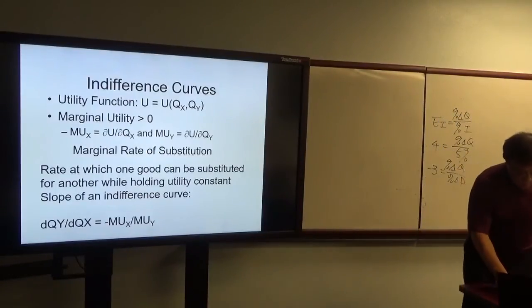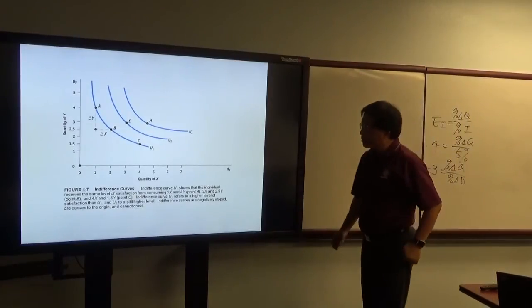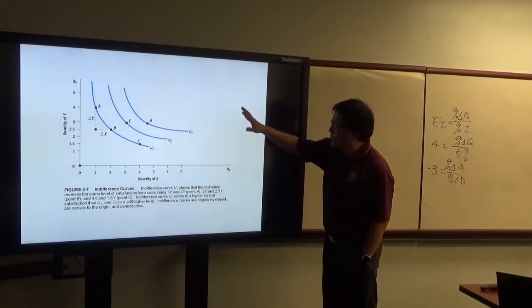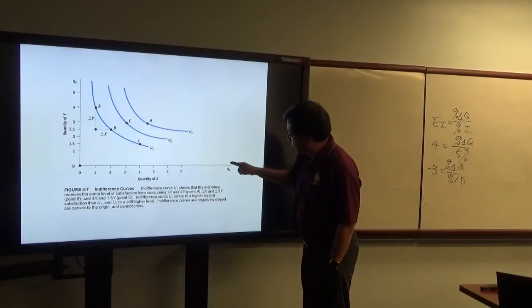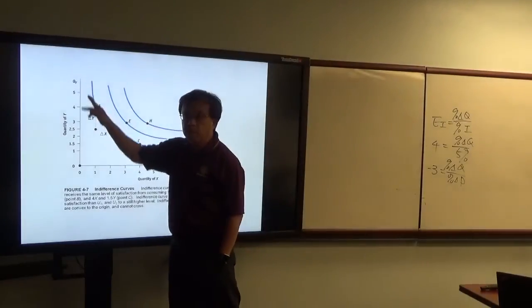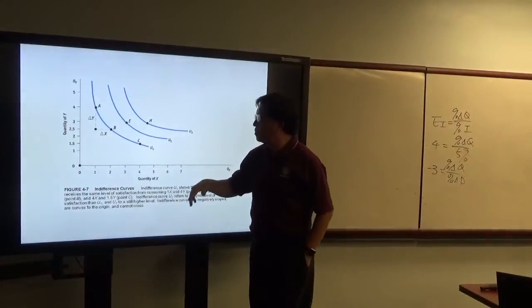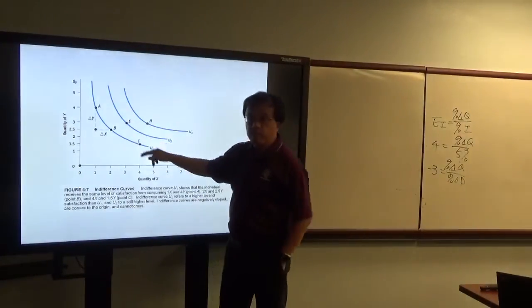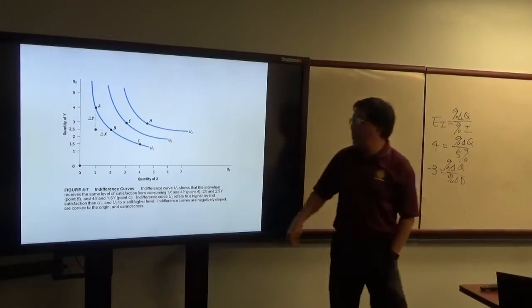So if we look at our indifference curve, the idea is we put this into a graph, and I consume pizza and beer. Each curve will give you the same satisfaction, the same happiness level.